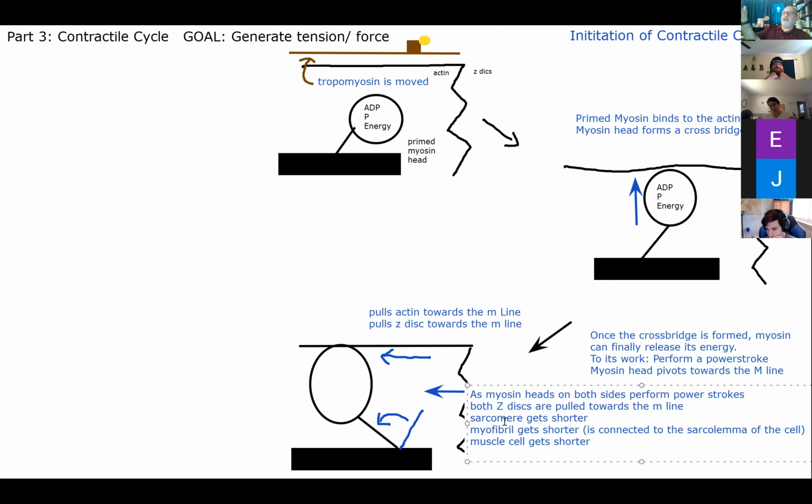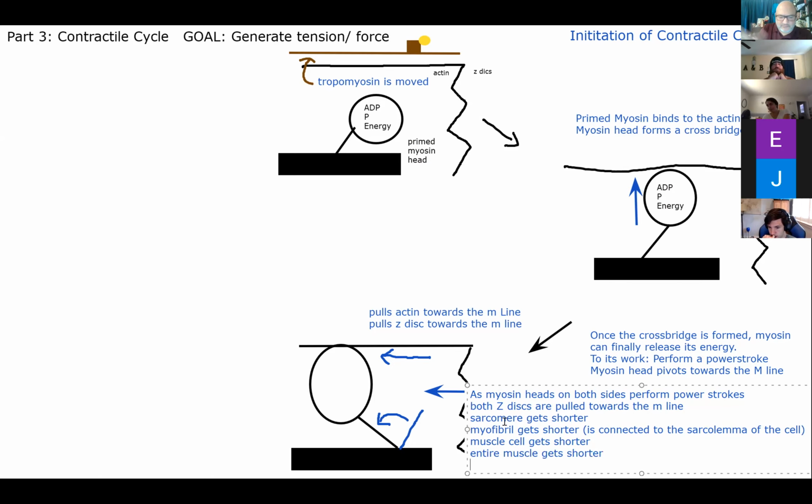That muscle cell is surrounded by connective tissues, right? The endomysium, it's in a fascicle that is a perimysium connected to the epimysium on the outside. So as my muscle cell gets shorter, my entire muscle gets shorter.